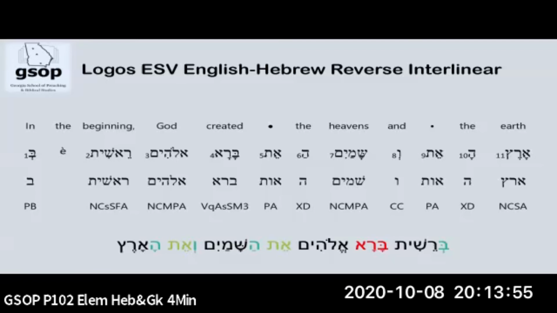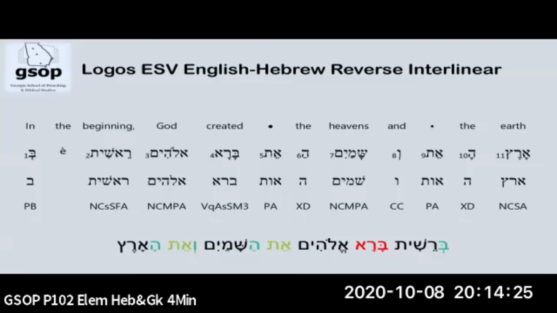So even though we're reading this left to right, 1, 2, 3, 4, 5, 6, 7, it is actually written right to left. The first word is be, which is in. The second word is reshit, which is beginning. Third word is Elohim. It's written as I wrote in the bottom for you in that order. So that's the first word, second word, third, so forth. That's what those numbers mean.